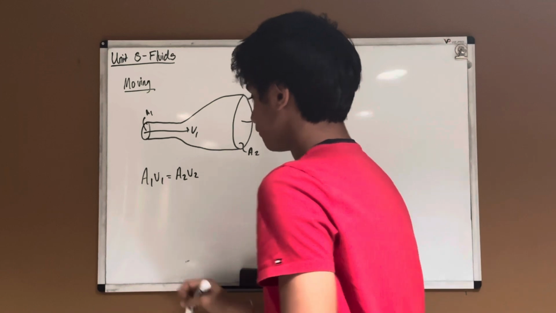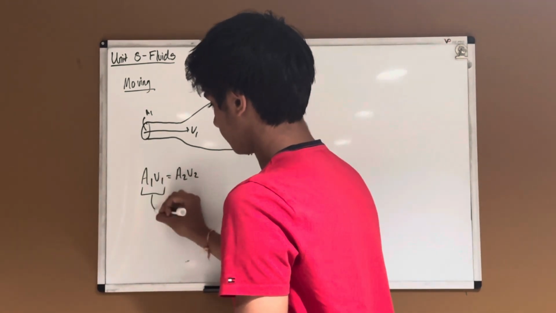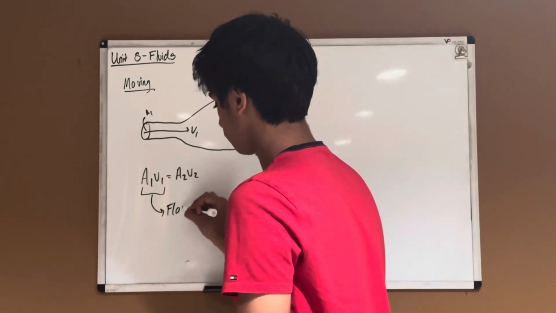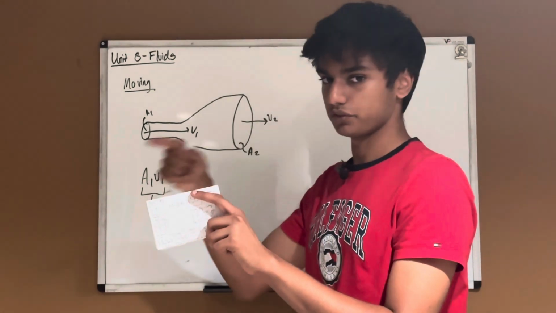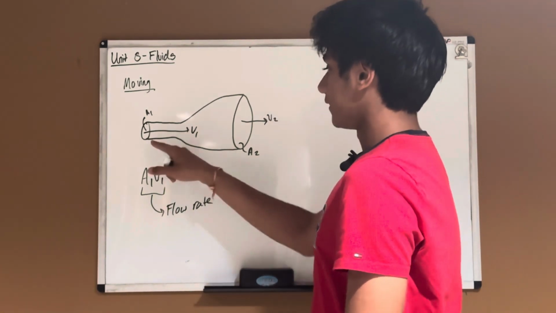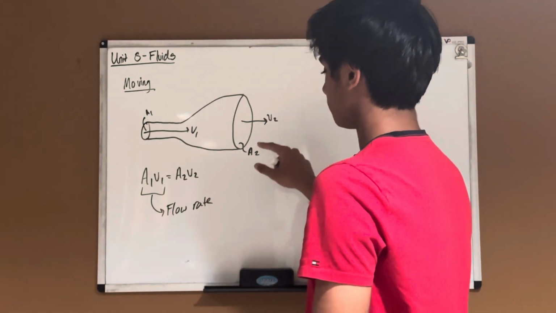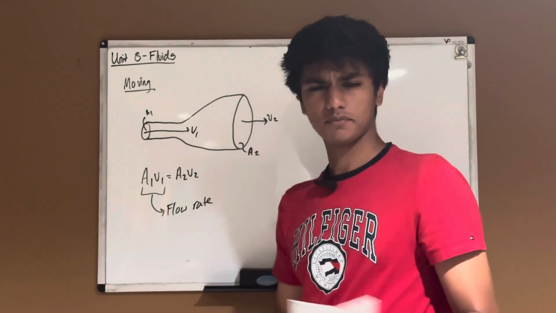So this area times velocity business, what it means is a flow rate. It tells us how fast liquid is flowing through a certain area in a given amount of time. And so it's saying that the velocity here times the area there is equal to the velocity here times the area here, which makes some intuitive sense, right?